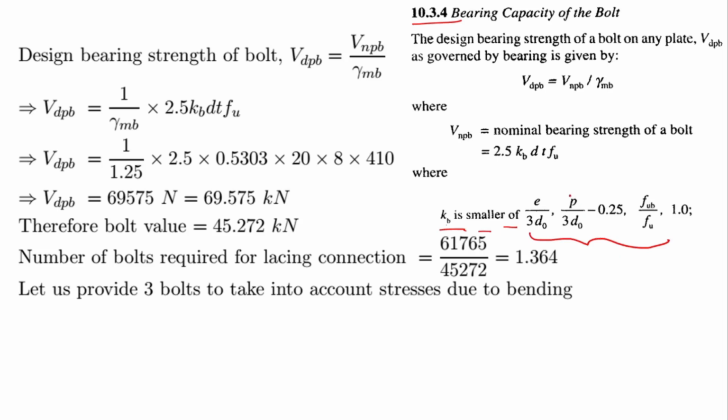Here we shall not use this calculation because we do not know the pitch. For the connection of the batten plate and the flange, we can use 1 bolt or a number of bolts. So depending on the number of bolts, we shall fix the pitch of the bolt. So here we have not calculated this value.